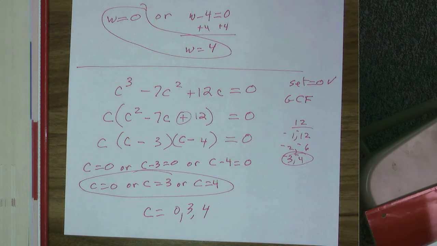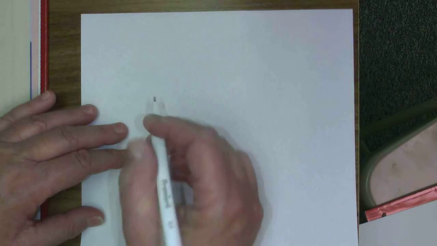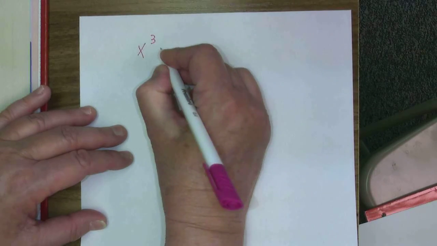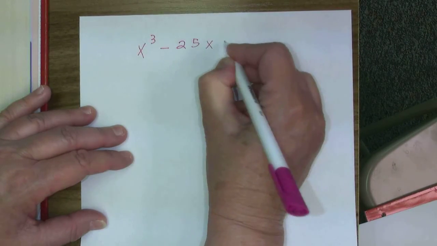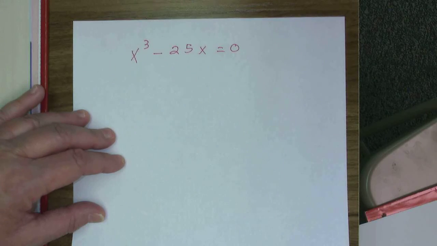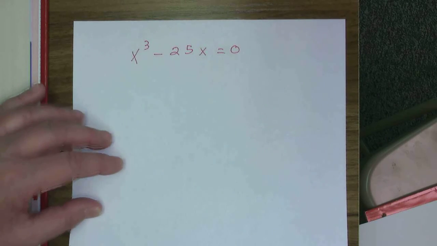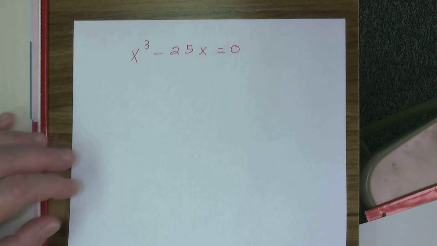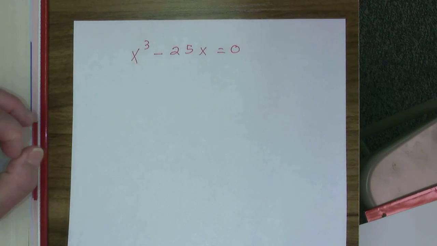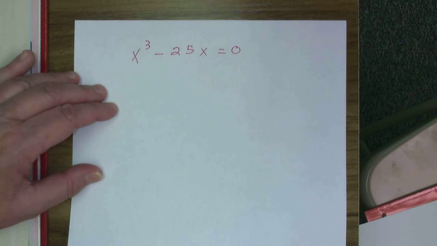One more problem. Let's see, x cubed minus 25x equals 0. Pause the video, see if you can work it. And these obviously teach you or use pretty much all of the factoring we have done in this chapter.